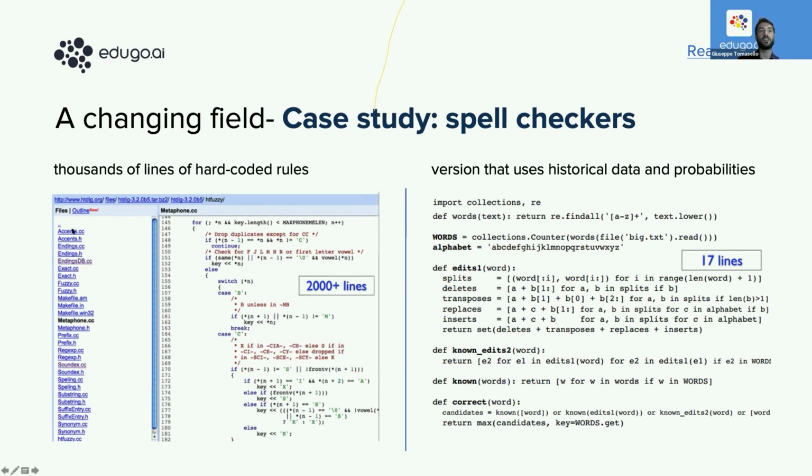As you can see on the left side, we have many different files for the little nuances of the language. But we can create a much better performing system using a statistical model with just 17 lines of code that you can see on the right side of the screen. The statistical model uses historical data and probabilities to create a better performing spell checking system.